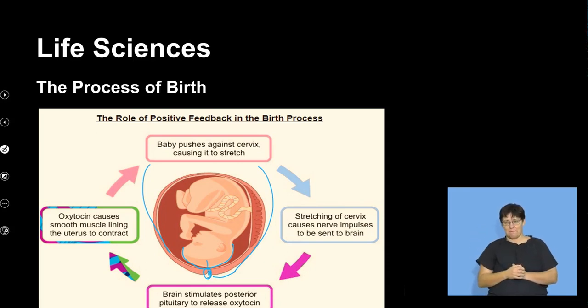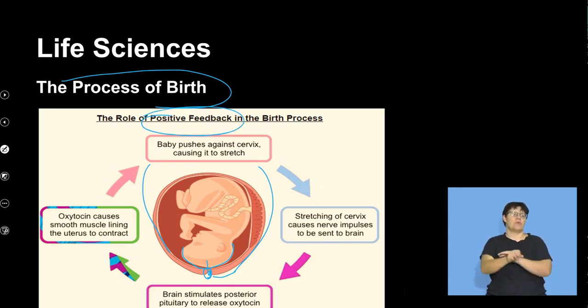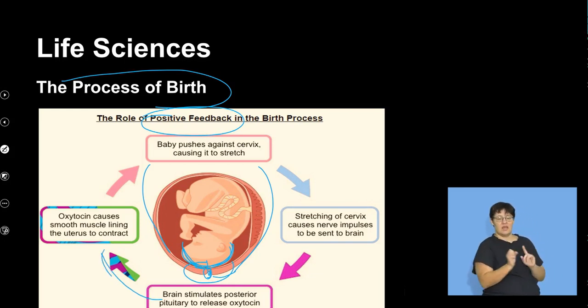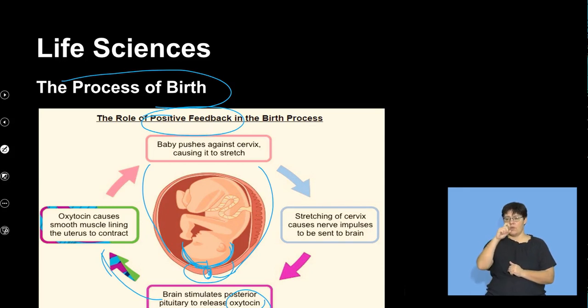So let's try and unpack the role of hormones in this and just try and understand what happens during the process of birth. So the brain is stimulated when the baby's head touches the cervix. So when the fetus moves into position, the head stimulates the lining of the cervix, and that stimulates an impulse to the brain to release a hormone called oxytocin.